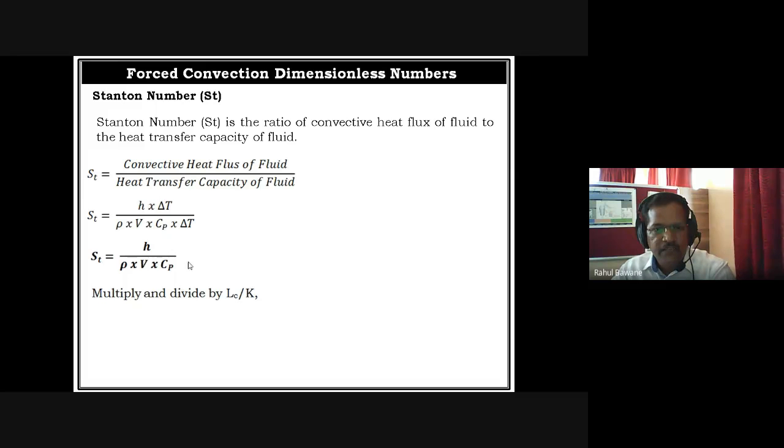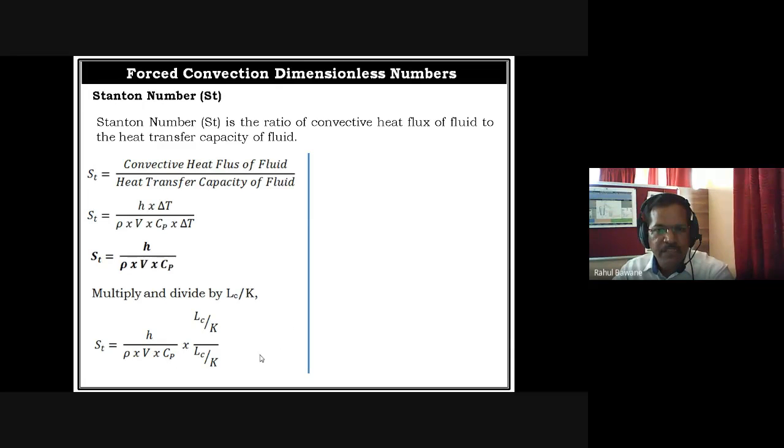Now it is very difficult to identify because Stanton number is not in any standard terms. So to simplify into standard notation, we multiply and divide by Lc, the characteristic length, and thermal conductivity K. So the original value does not change.